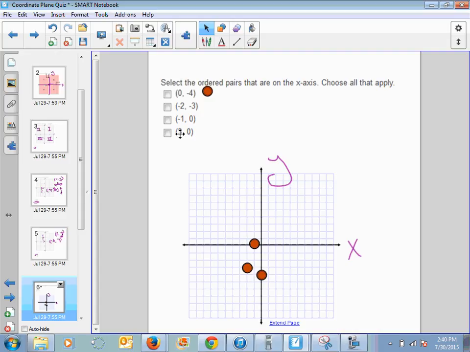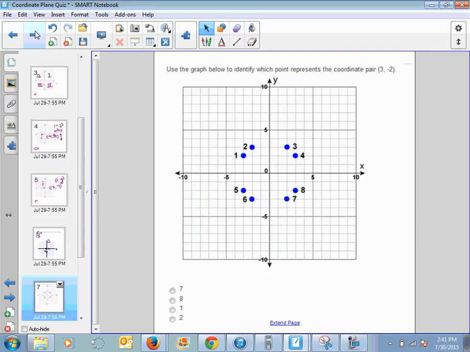Oh, excuse me, that is on the x-axis. And what you would notice is that anytime you have a 0 for your y value, that's going to be on the x-axis. So just to show it one more time, 3, 0 is going to be 1, 2, right there. So that lies right on the x-axis.